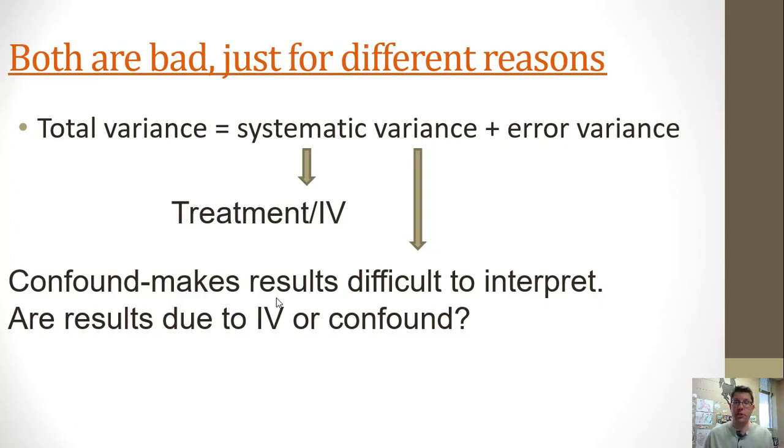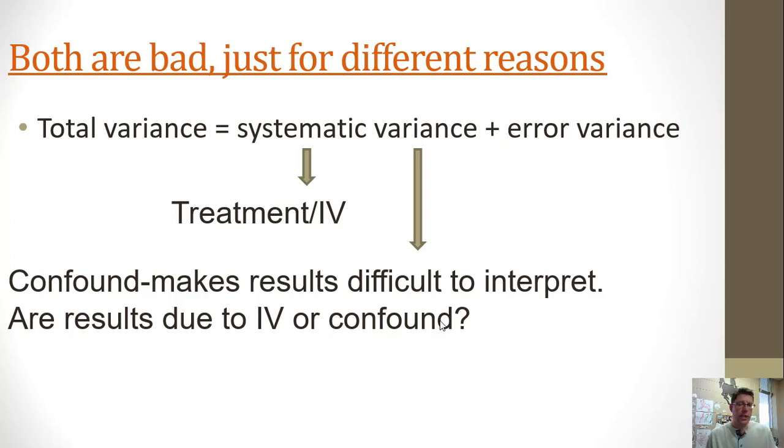Are the differences between the two classes on exam performance due to one getting a study guide and the other one not? Or is it due to the fact that the teacher in the study guide group is better than the teacher in the non-study guide class? Okay, so we don't know if our results are due to the independent variable or the confound. This is why confounds are bad. It makes it so that we can't tell what the reason for our systematic variance is.